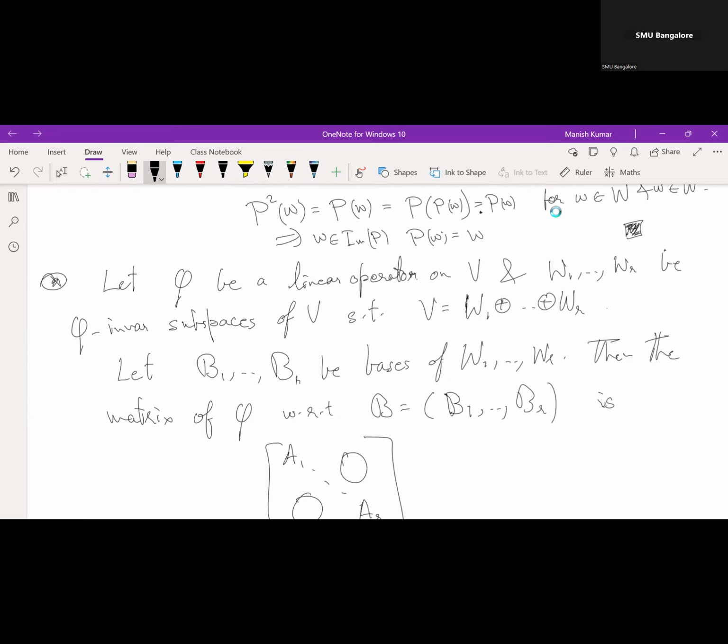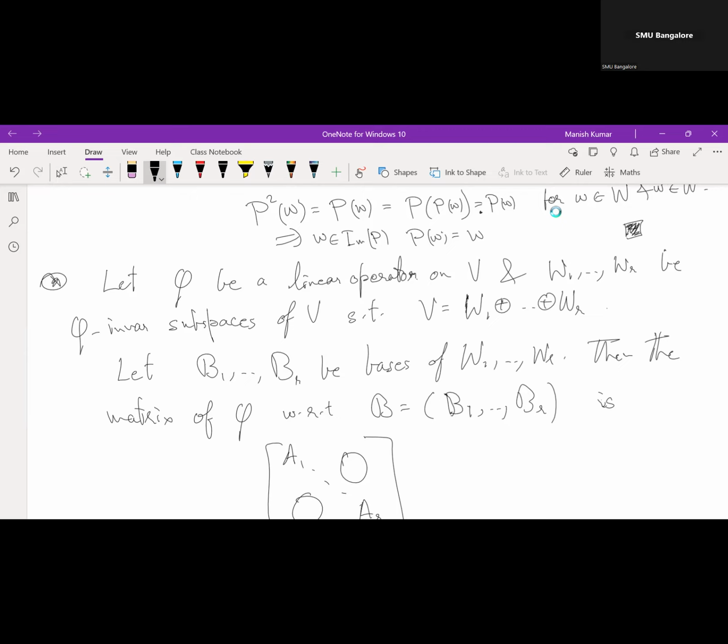So W1 to WR are phi invariant subspaces of V. That means phi of W1 lands in W1, phi of W2 lands in W2, and so on. That is what phi invariant means. So that V is the direct sum of W1 to WR. What does this mean?